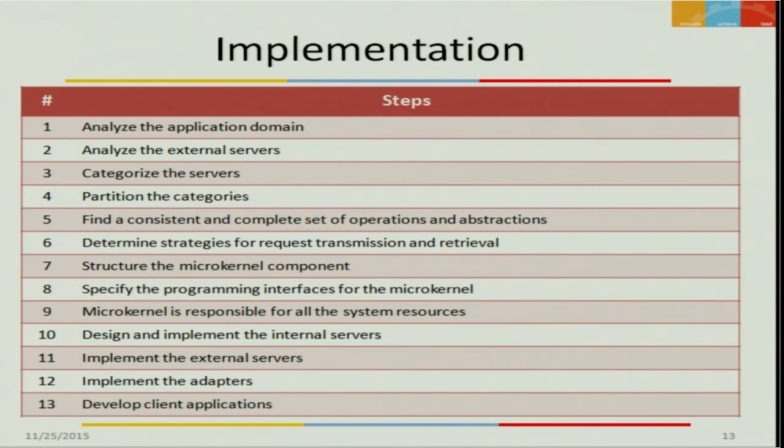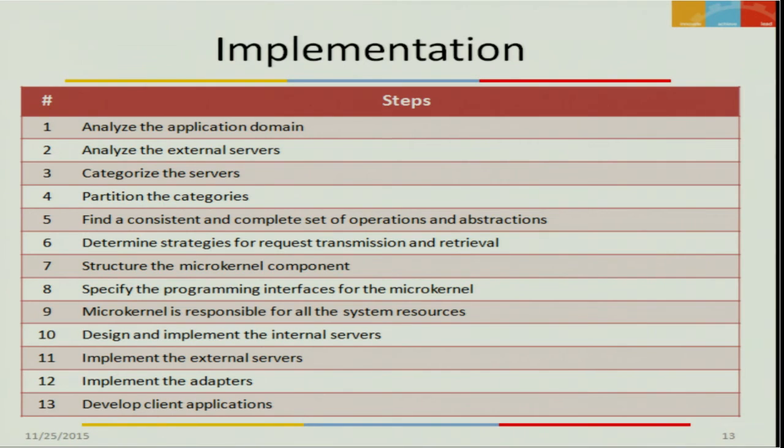Then identify the categories which are not directly related to the application domain and which are quite general, like file system management, maybe memory management. These are not really directly related to the application domain. So in this case, the main focus is to build the system infrastructure.